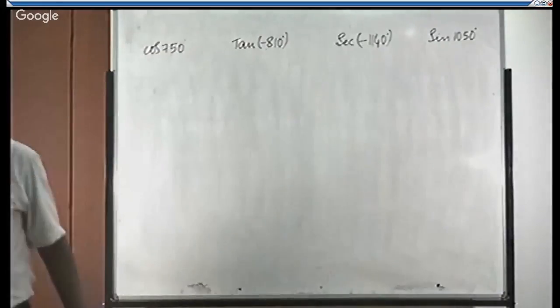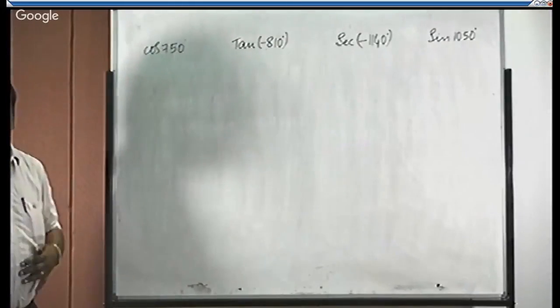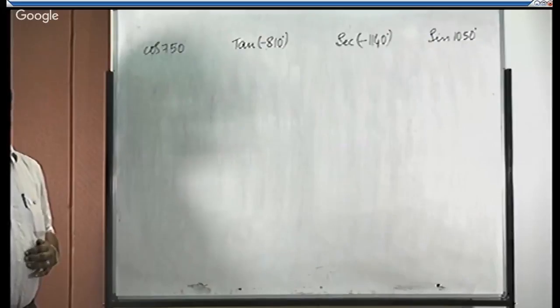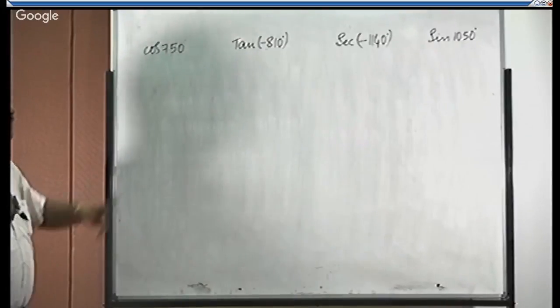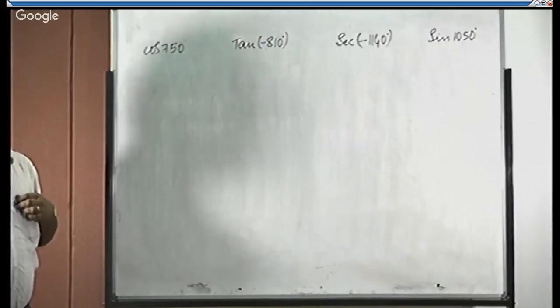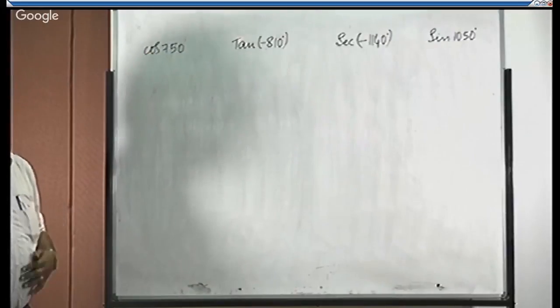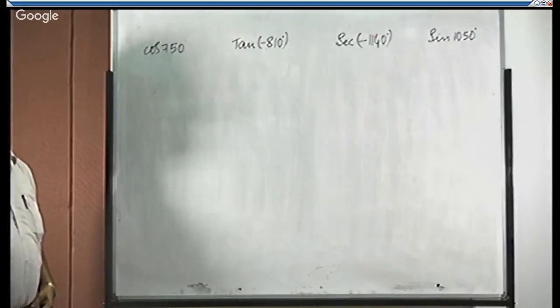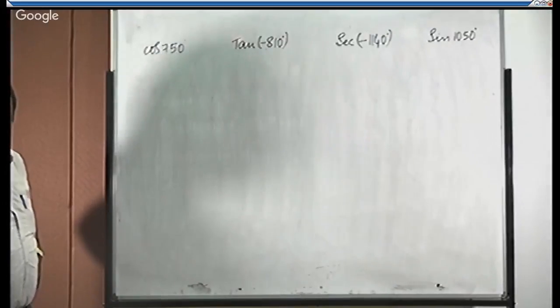When compared to the previous problems, observe that in all the previous problems, the angles were of a magnitude nearby 360 at most. In all those problems, you get 300, 240, 330 degree, like that. All the angles are nearer to 360 degree.